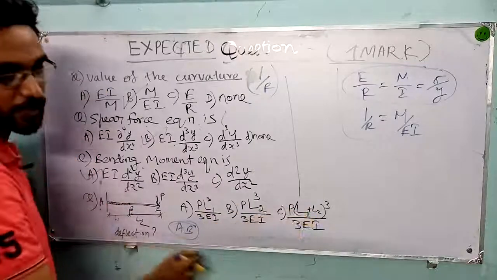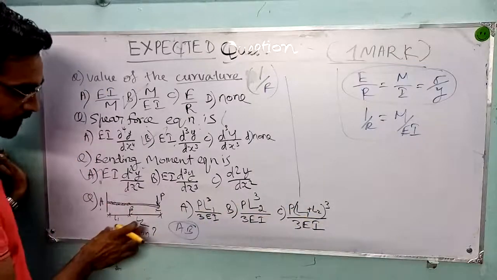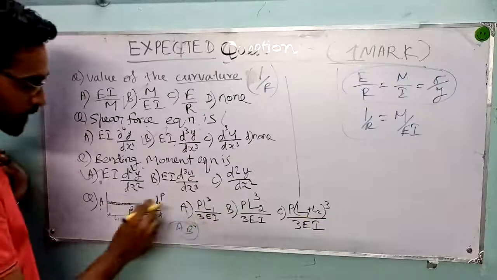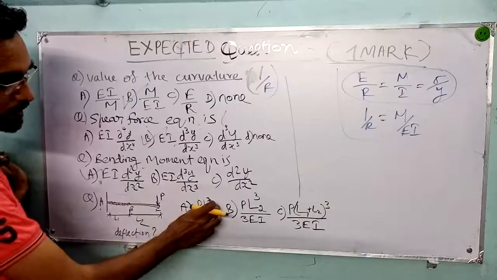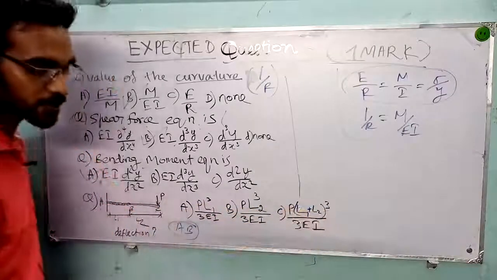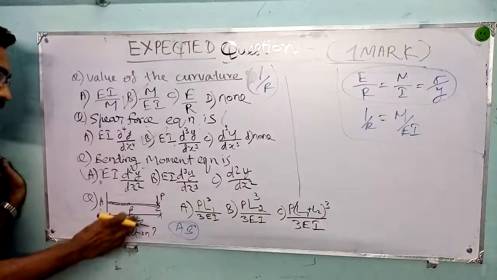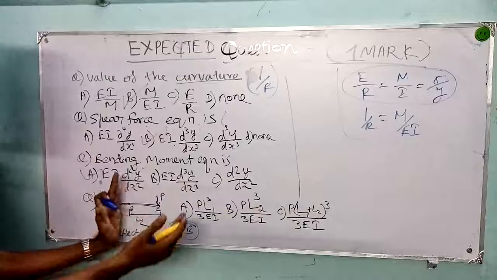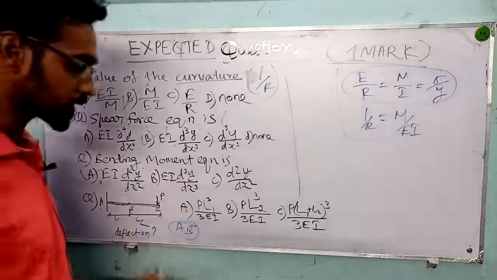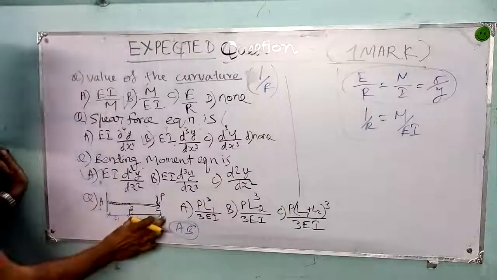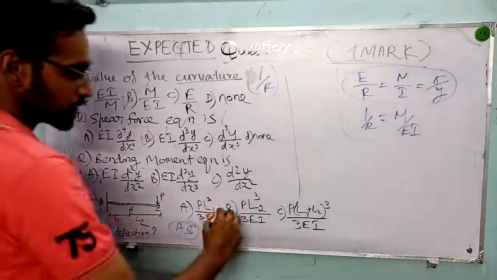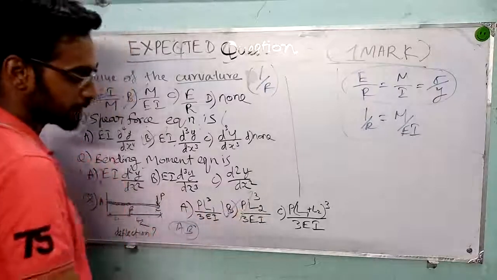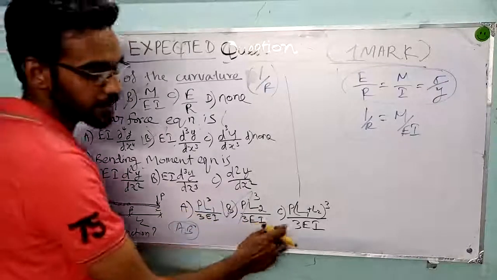These three options are only testing your length: is it this length, this length, or this length? Since the beam is rigid up to this place, you ignore that part. So the correct answer is L2 only. A and B, A and C are not correct.